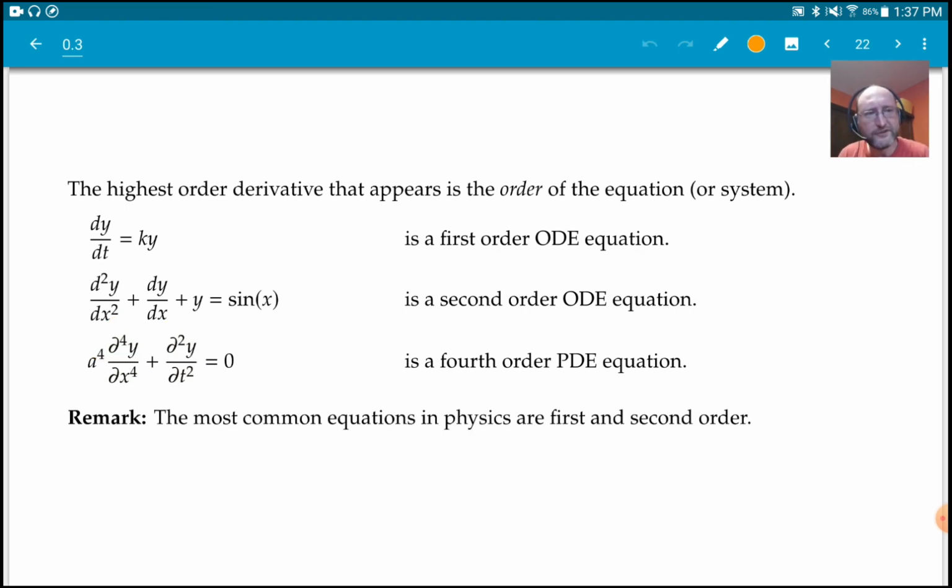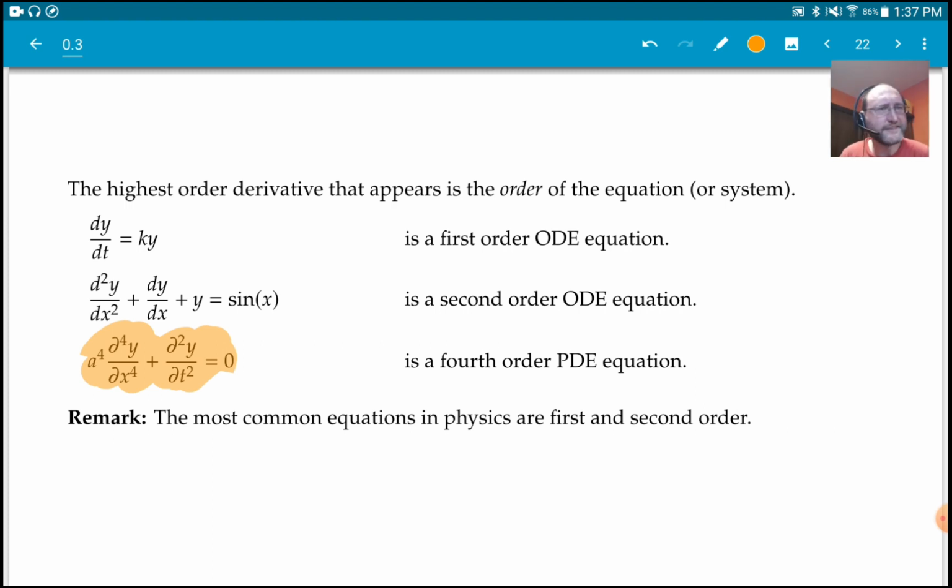Now, most equations that you tend to see in physics are generally first and second order. You do see higher order equations. For example, this one, these are vibrations in a beam. So that can come up as well.